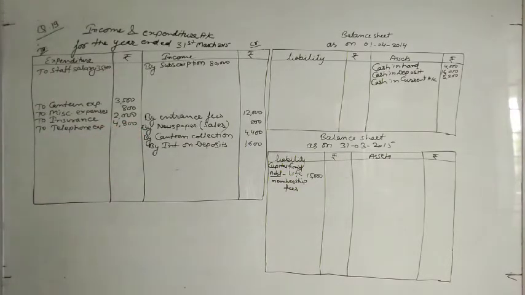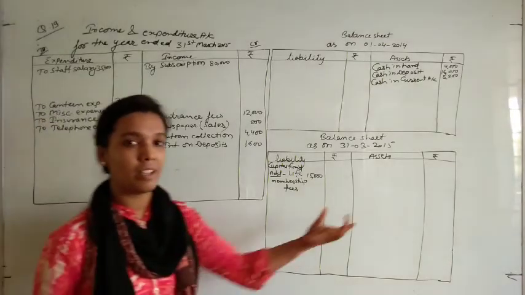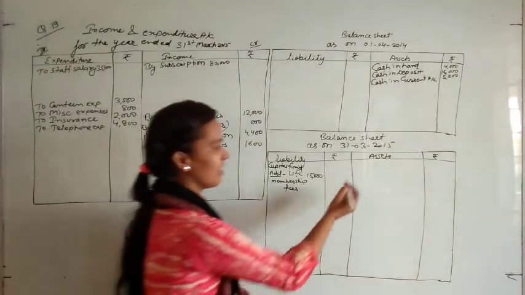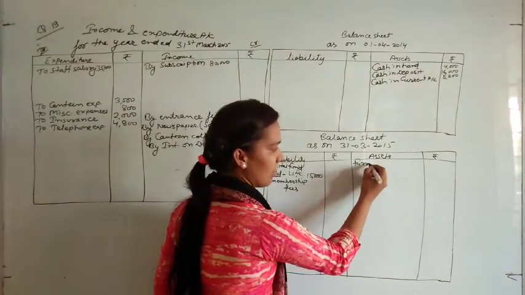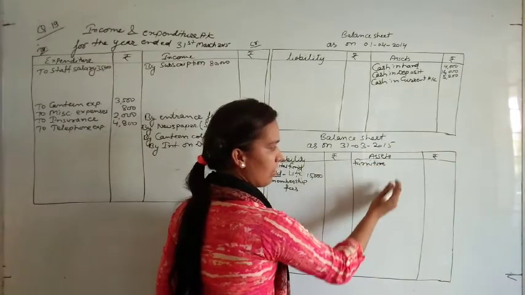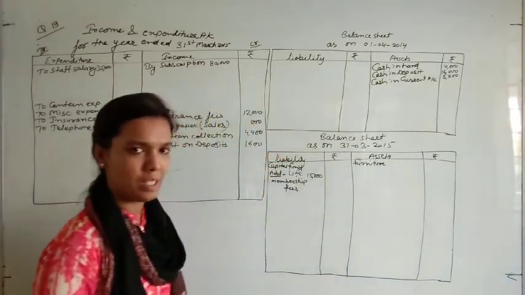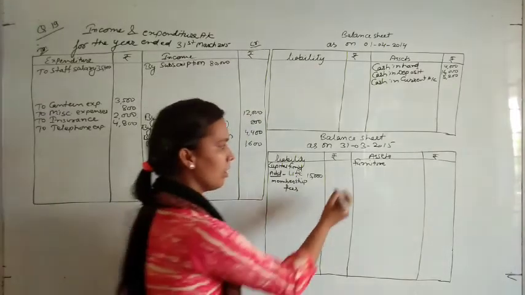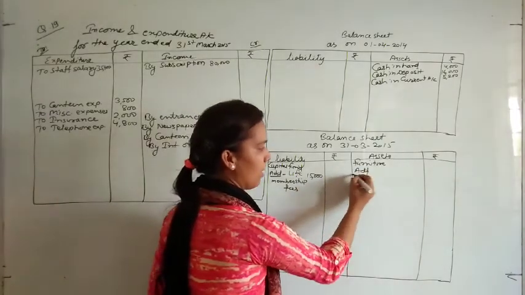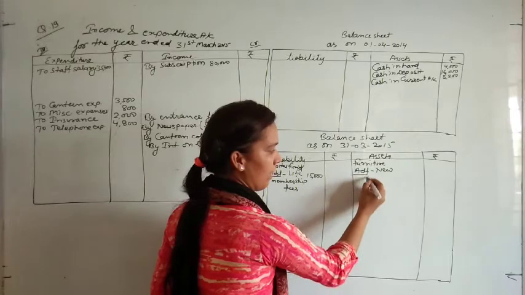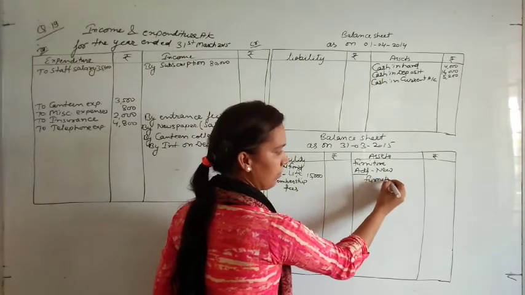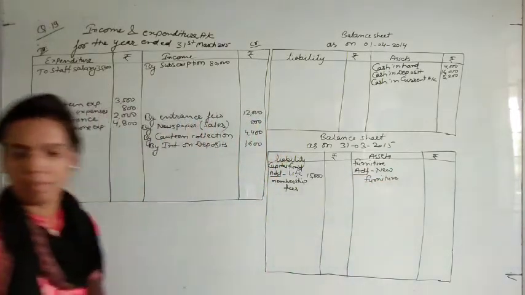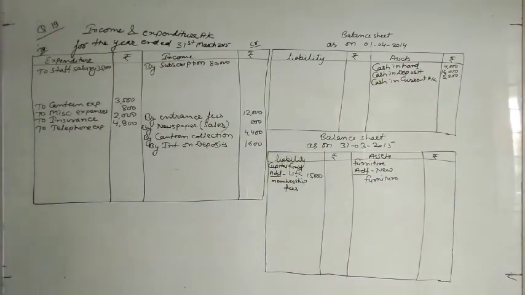Furniture purchased. Furniture purchased means you have purchased an asset, so it will be written in the balance sheet. First I am giving some space here because we will write here the opening balance of furniture, and then we are adding the new furniture that we purchased during the year. What is the amount of new furniture? 15,000.